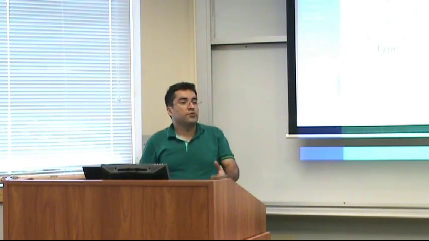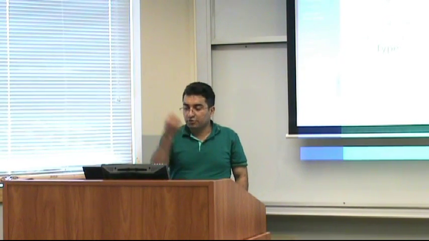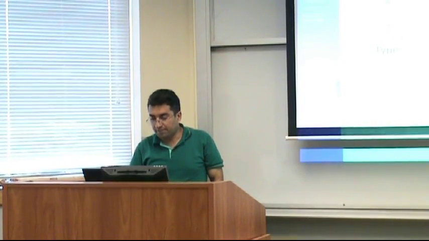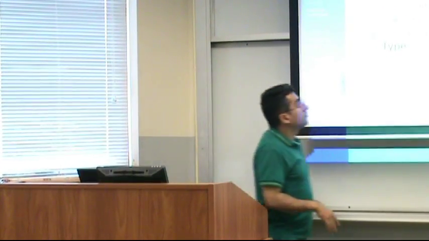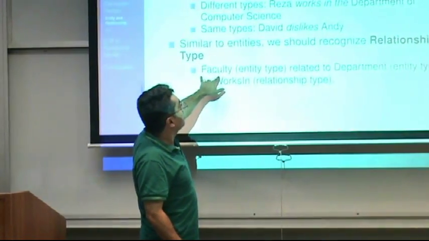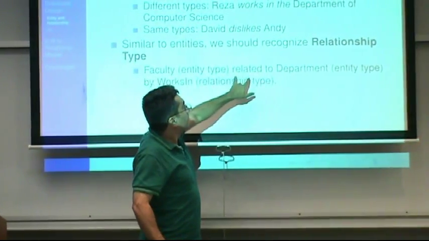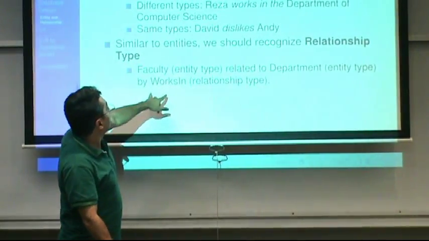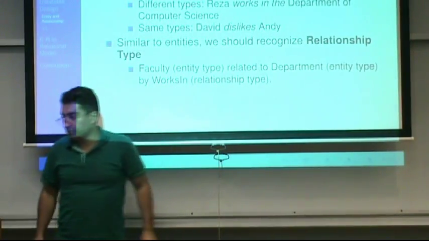So similar to after recognizing relationships, we have to take the relationship type out of those relationships. For example, here from the above sentence, we can extract this information: the faculty entity type is related to the department entity type by the relationship works in.